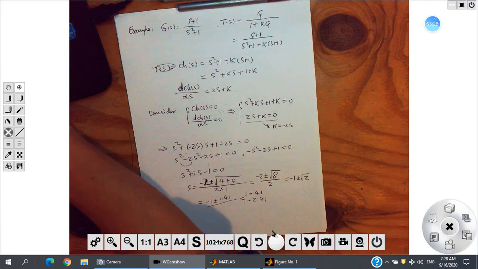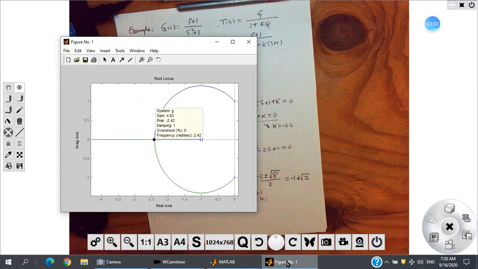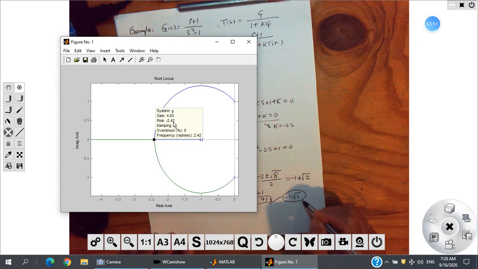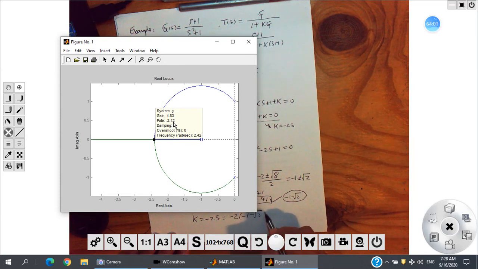But you check the graph, it should be this one, the negative side. The pole we can see here is negative 2.42. Actually, the exact value should be negative 1 minus the square root of 2. And what is K? K will be negative 2s, so negative 2 times negative 1 minus square root 2, which is 2 plus 2 square root of 2.